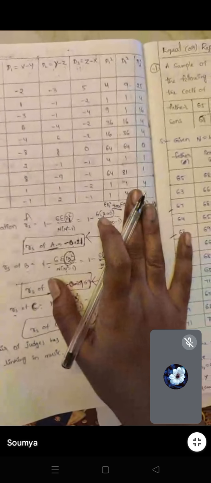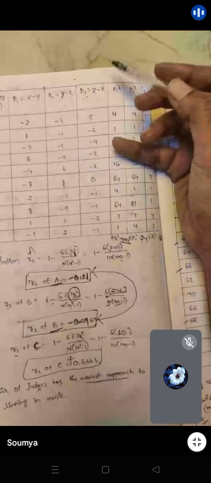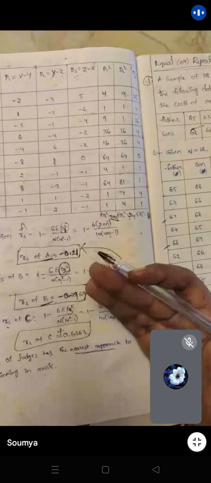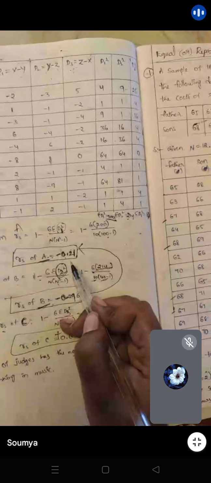Is it clear? First of all, for these types of problems, you have to practice. That's it. For this, there is no explanation from the teacher. You have to write all the things, use the calculator, and substitute the formulas.